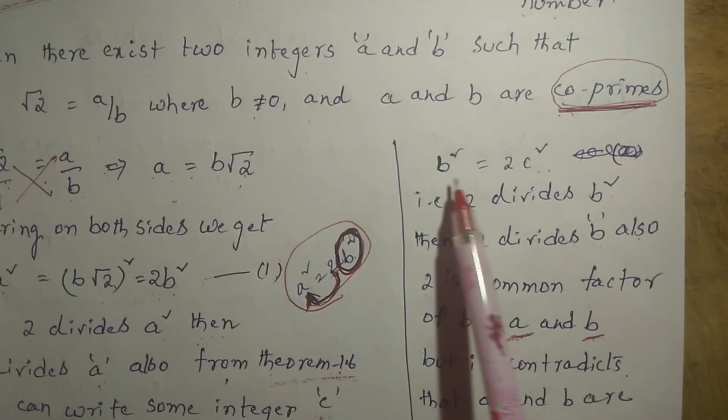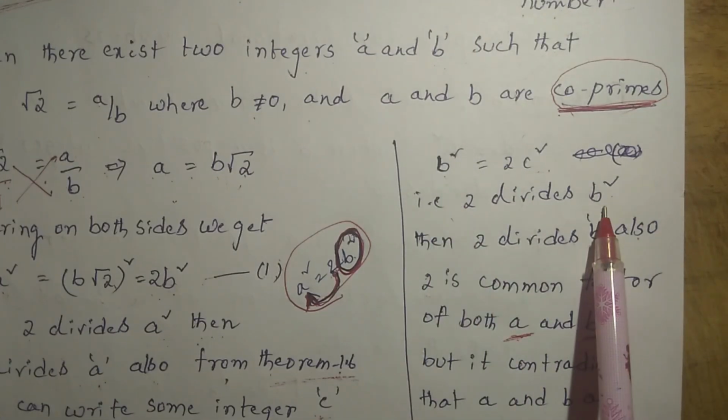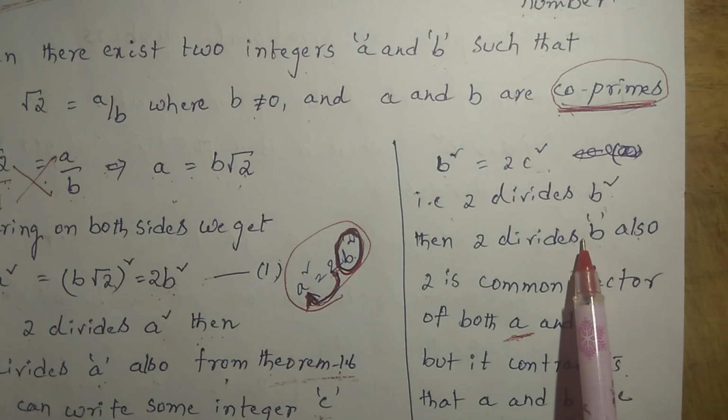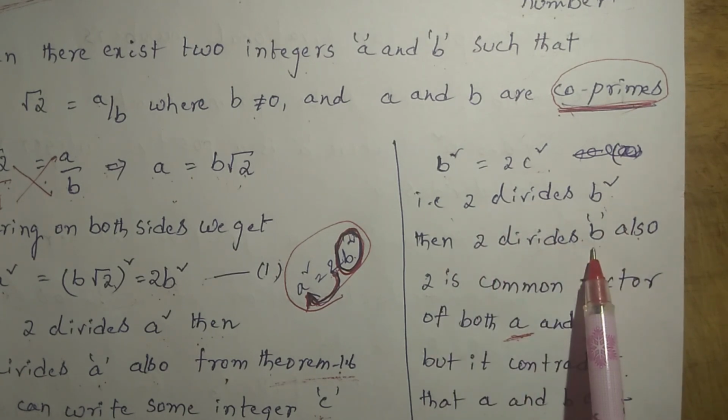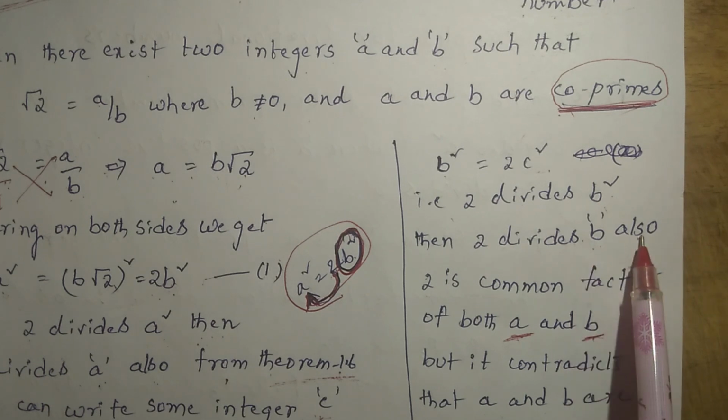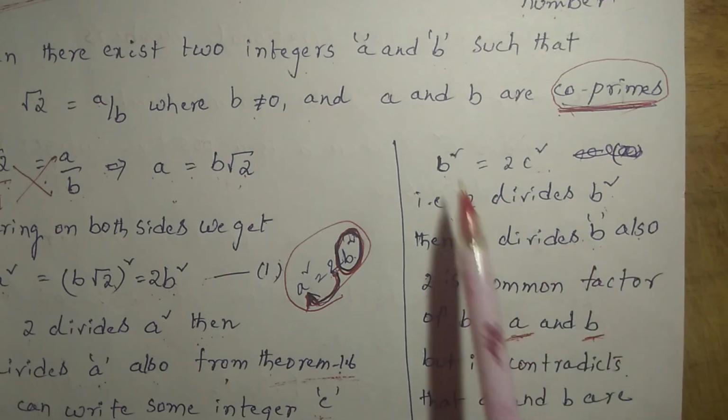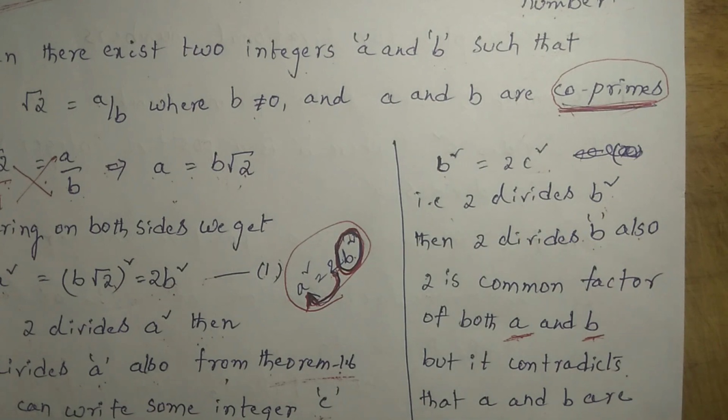That is, 2 divides b square. Then 2 divides b, from theorem 1.6. So here also 2 is a factor of b. Before, we got that 2 divides a.